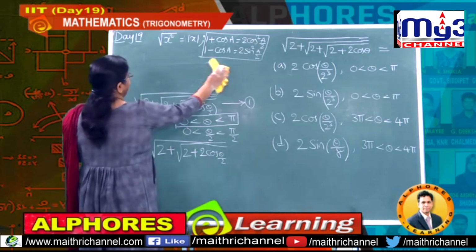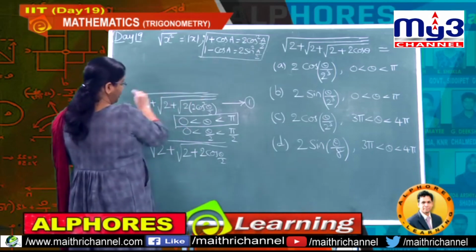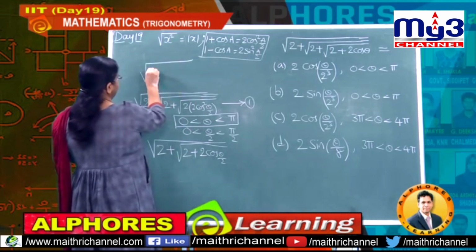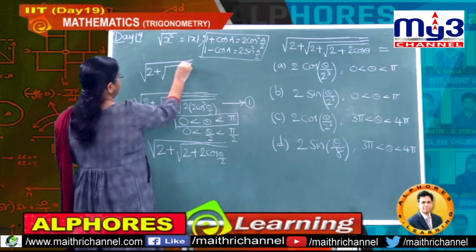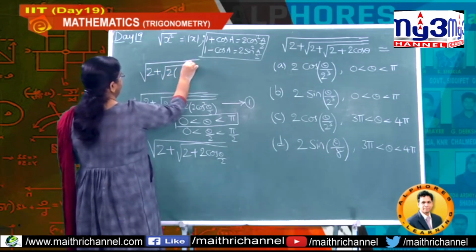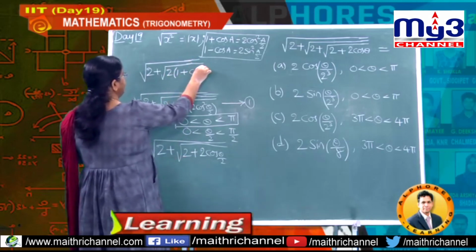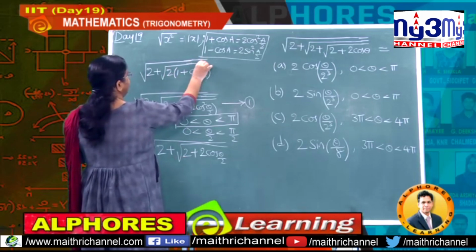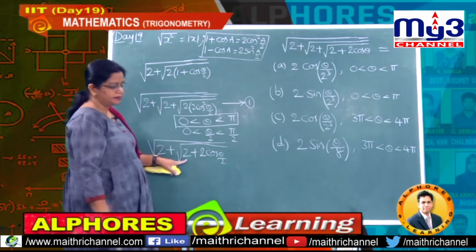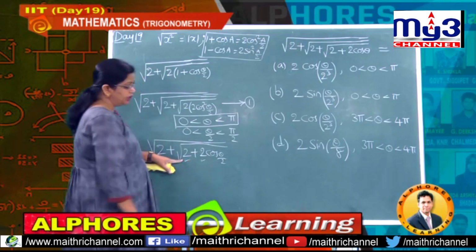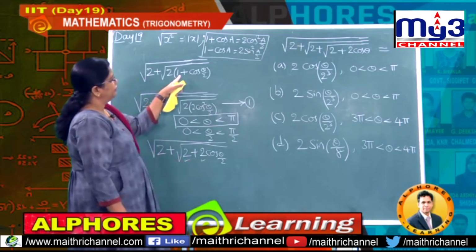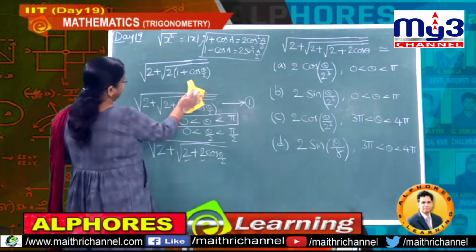Now what is the value you got finally? Under root of, again let us take 2 common here, thereby it will become 1 plus cos theta by 2. Okay, students?